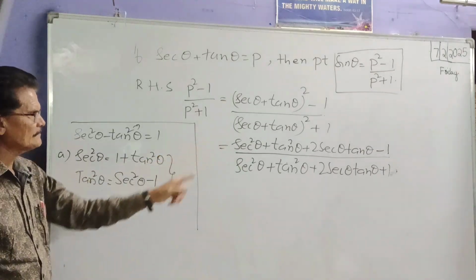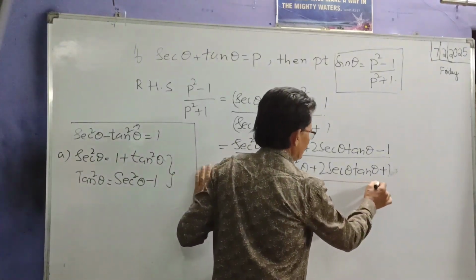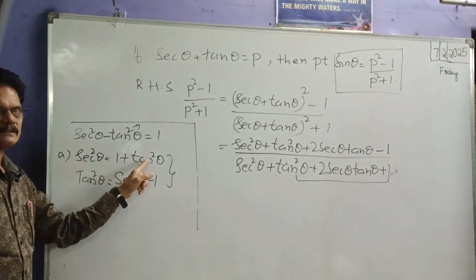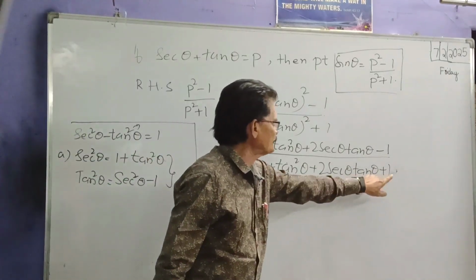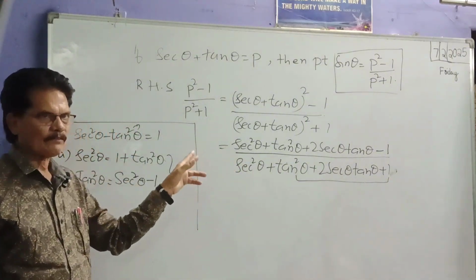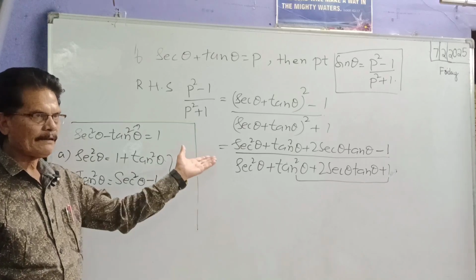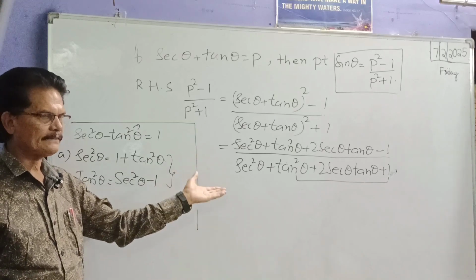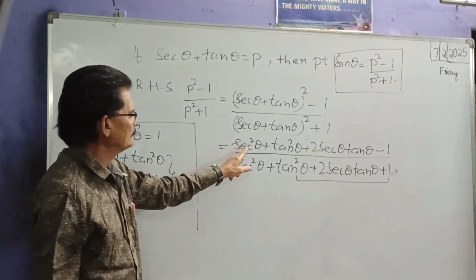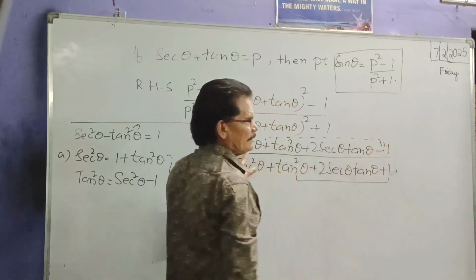So do I have 1 plus tan square theta anywhere? I can see it here, I am having 1 plus tan square theta. Is the board clear? Am I having 1 plus tan square theta in the numerator or the denominator? In the denominator. In the numerator I am having sec square theta minus 1.